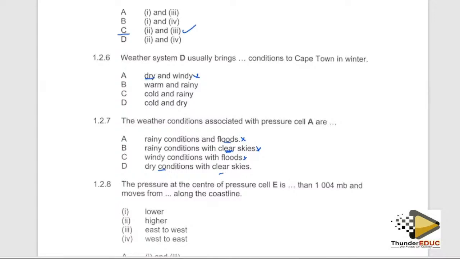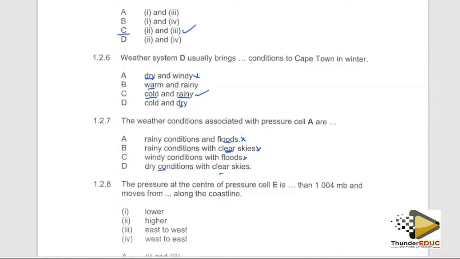Warm and rainy, not really, because we know a cold front does not cause warmer conditions over Western Cape. Option C, cold. Yes, this is a condition caused by the cold front, and they also cause rainfall, which could be correct because option D talks about dry conditions. So the conditions would be cold conditions and rainy conditions, right?